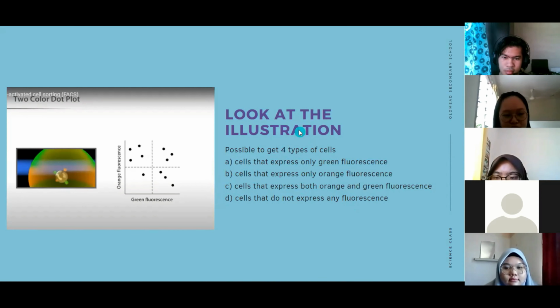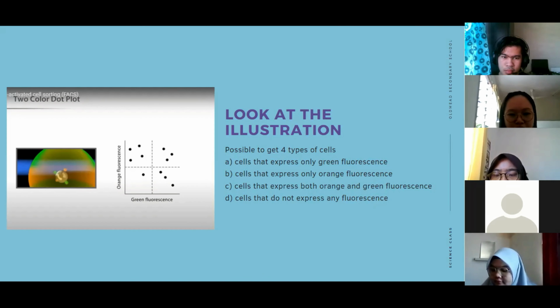So like Azmina mentioned before, the ratio, the LC to HC ratio is crucial for the production of functional monoclonal antibody. So that's why we are targeting only the cell line that are expressing both orange and green fluorescence, because only when both genes on the light chain and heavy chain are expressed, we can get the functional antibody, monoclonal antibody.